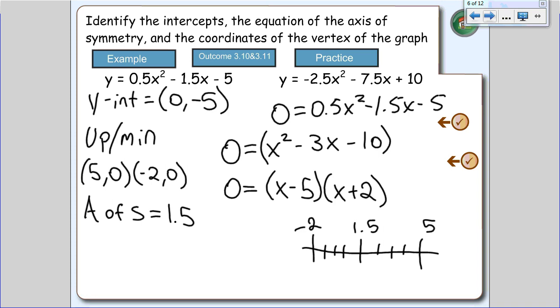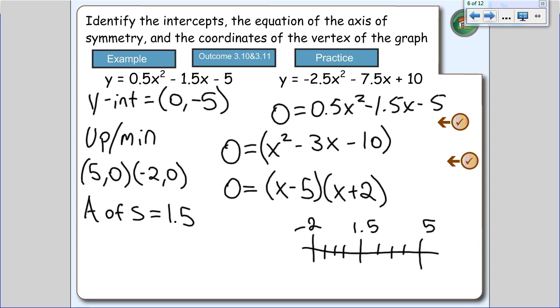Okay. What's our vertex? Exactly. So you go all the way back to your original equation, way up here. You put in your axis of symmetry, 1.5, in there.